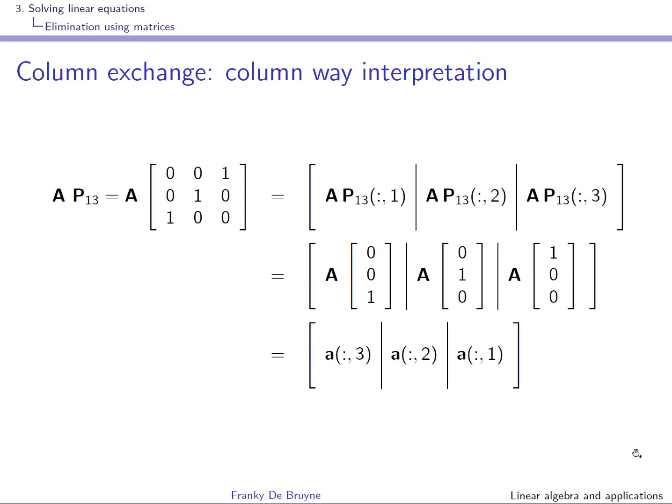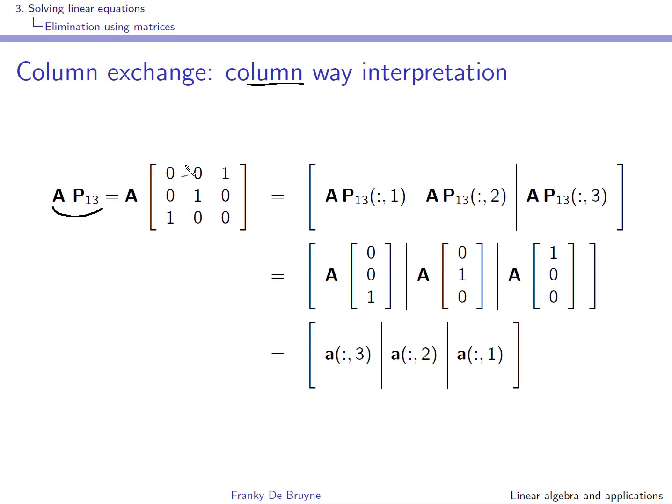So we have seen that we can also use this permutation matrix for post multiplication. So you do A times the permutation matrix, and this will interchange column 1 and 3. So you can see this from the column interpretation of the product A times the permutation matrix here.